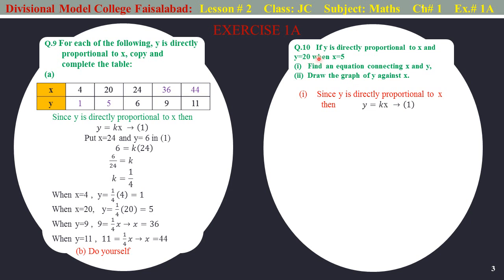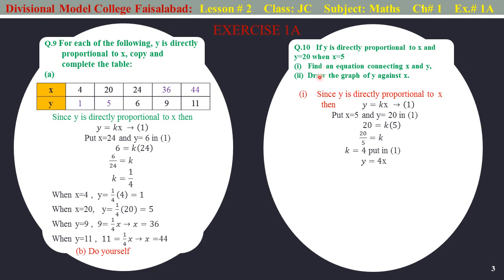Now we will put these values of x and y which are given in this equation number 1. 20 is equal to k into 5, and from here the value of k is 4. We will put this value of k in equation number 1 because we are asked to find an equation connecting x and y. Put this value of k here, we get an equation connecting x and y which is y is equal to 4x. So this is the answer of part 1.